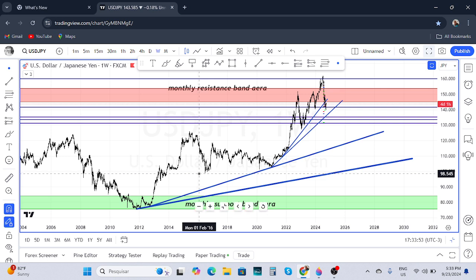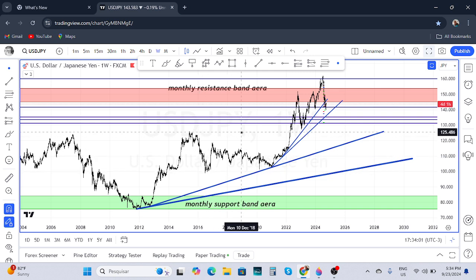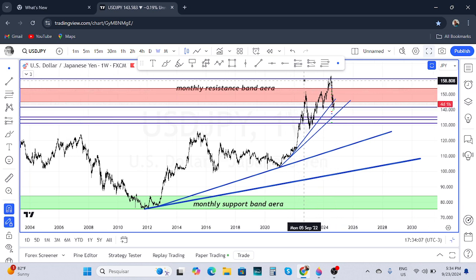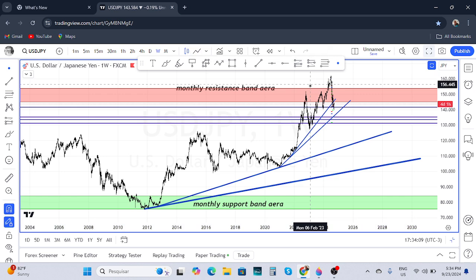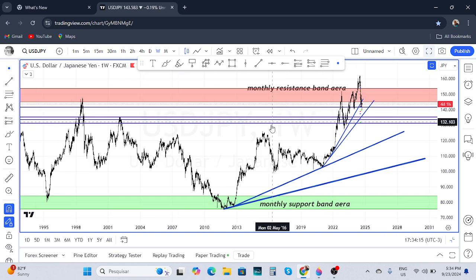Once on the higher time frame the trend line is confirming that this market is up, don't go against it. But once the market gets to the monthly resistance band area, please don't tell yourself that you are going to continue to follow the trend because it is still up. Always try to draw your monthly support and resistance bands on the monthly time frame.